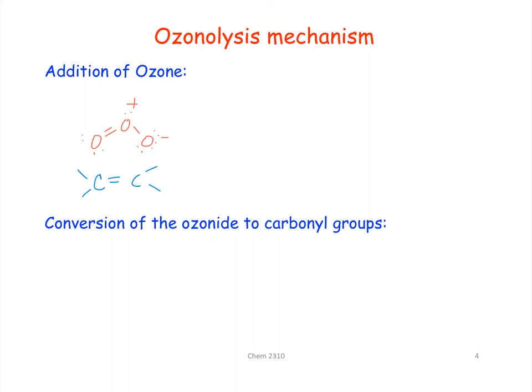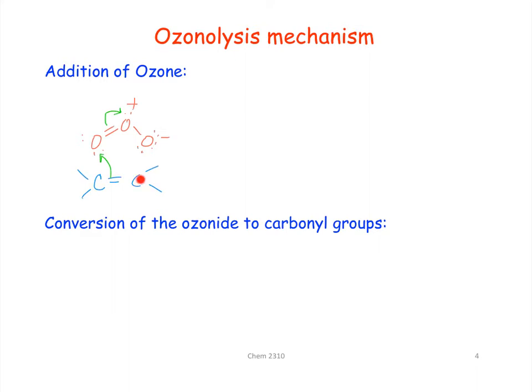Alright, so we can think about this as an electrophilic addition reaction, just like the other reactions we've been seeing. So the first step is going to be the pi bond in the carbon-carbon bond reacting with ozone. So it's going to end up reacting with this end of the oxygen, because what we can then do is push those electrons onto the center oxygen.